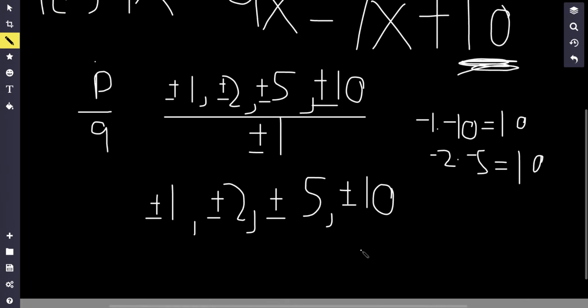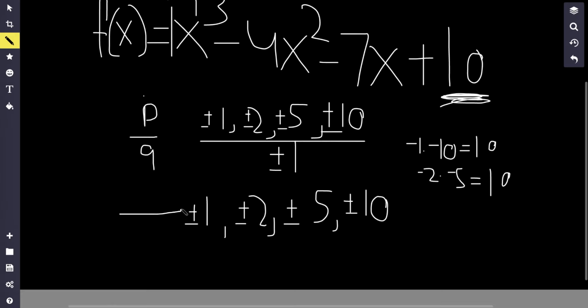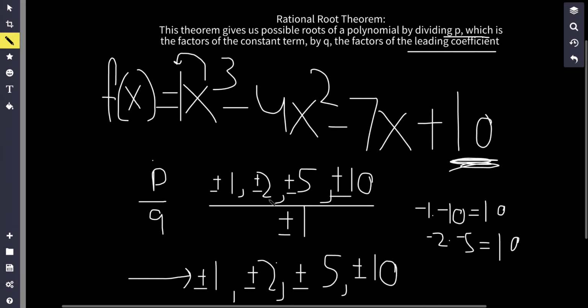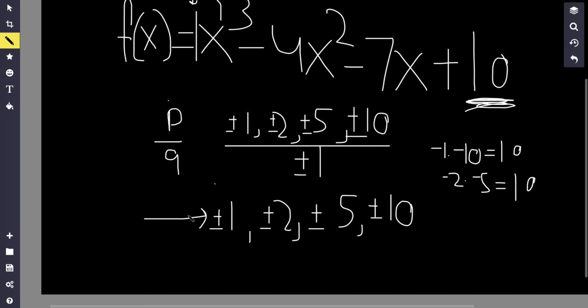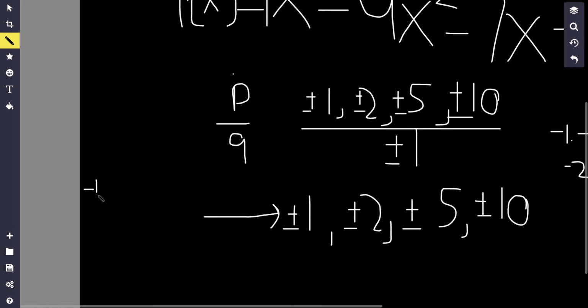So what this is telling you are the possible roots of the polynomial, right? These are the possible roots of the polynomial. It's saying that you could have -1, 1, -2, 2, -5, 5, and -10, 10 as the roots of the polynomial.